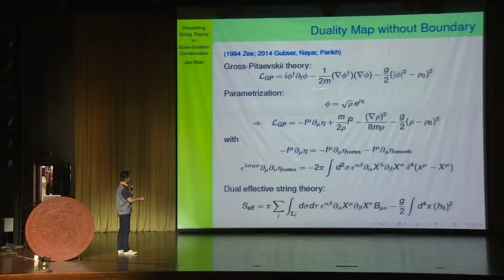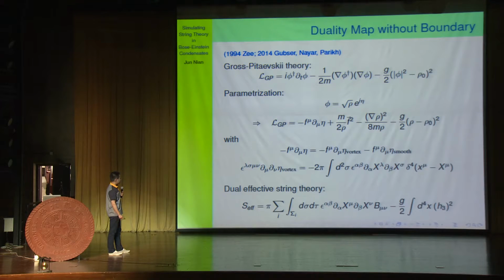We can start from this Lagrangian and apply this parametrization. It's just a very simple Lagrangian for a complex scalar, and we rewrite the Lagrangian into this form. The crucial term is this one, which is a derivative acting on the phase of the complex scalar. We can separate the phase into a smooth part and a singular part.